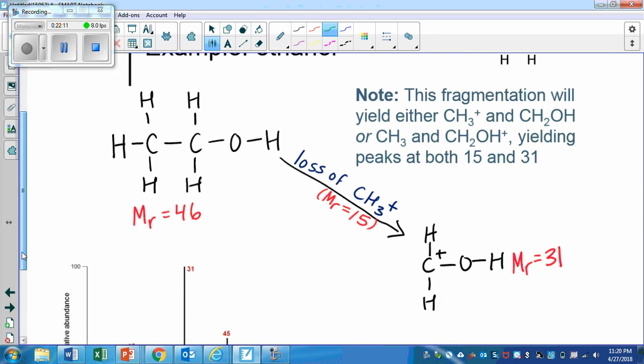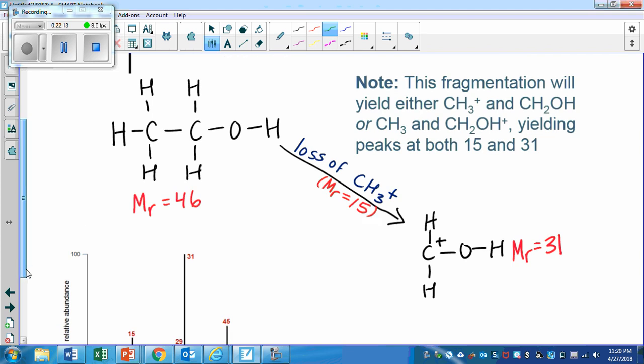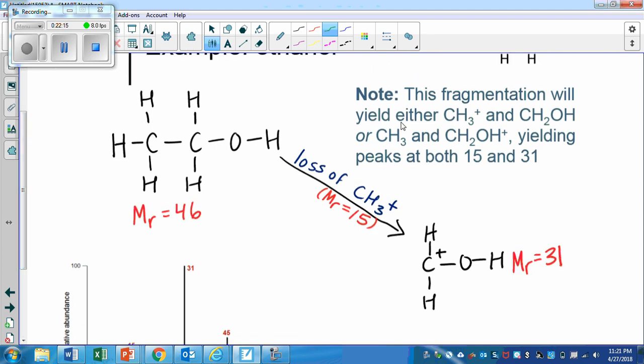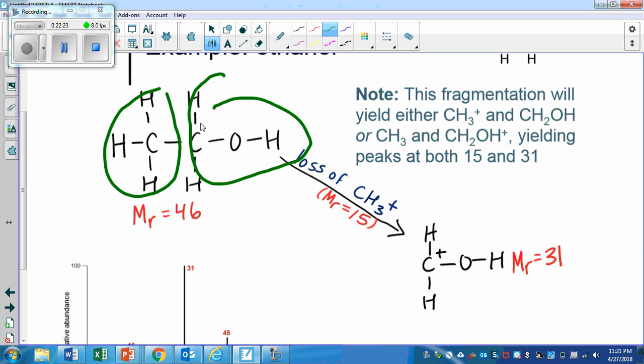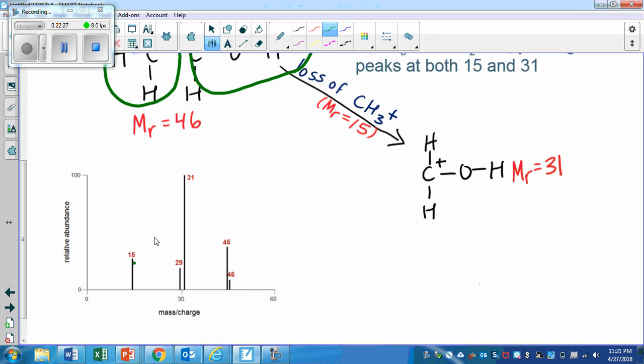Loss of CH3 will give you a peak of 31. There are two fragments: you either lose this or you lose this. So either you get the peak at 31 or you get the peak at 15, and the parent peak is 46.